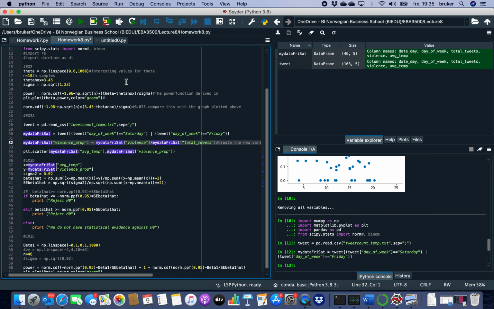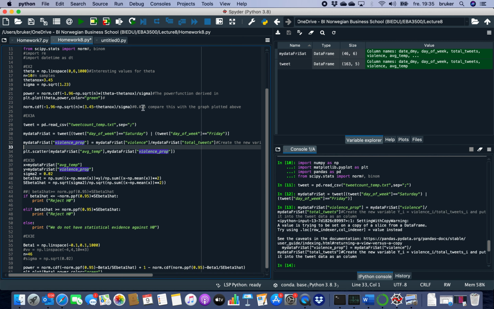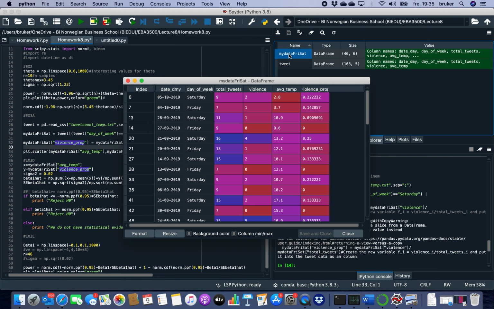And to do that, we can look at this line, where we say that, okay, put into my data Friday, Saturday, a column called violence proportion. And this should be the same as the violence in this data frame divided by the total tweets in this data frame. So if I now just run this line, we should have a new column in our data set, called violence proportion, and we see it here.